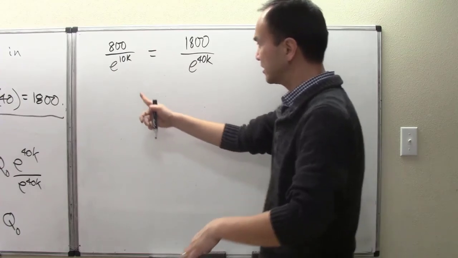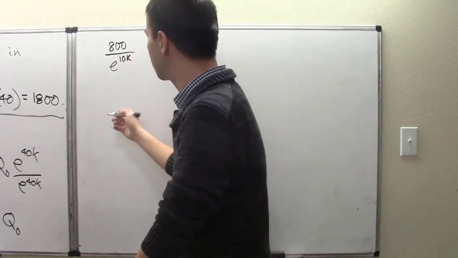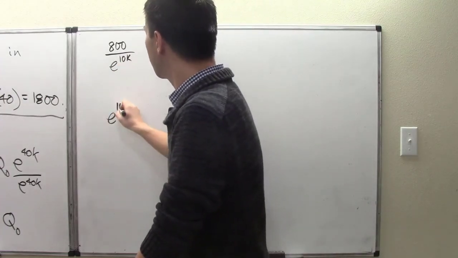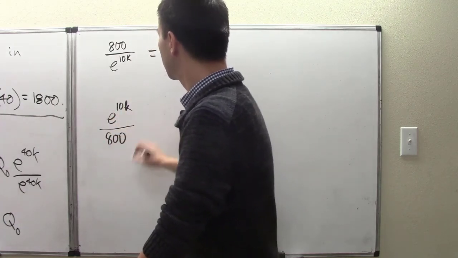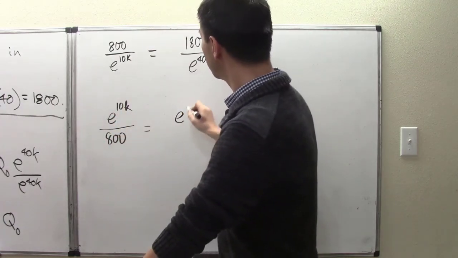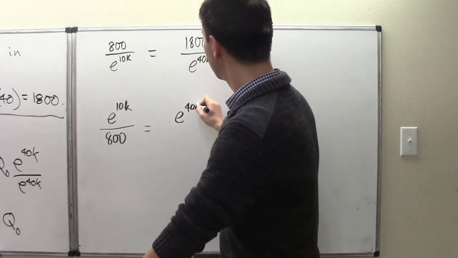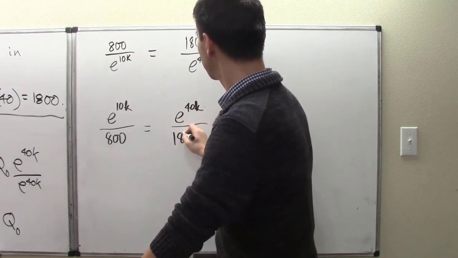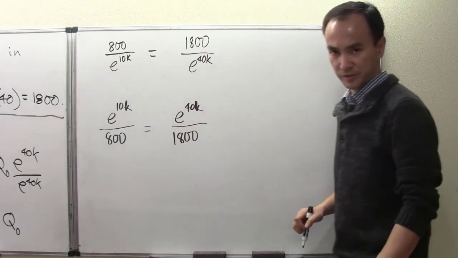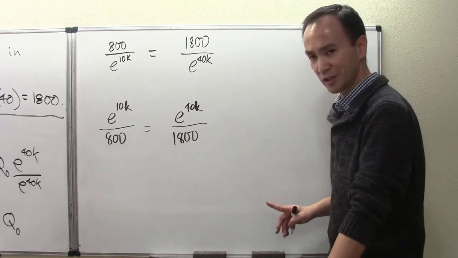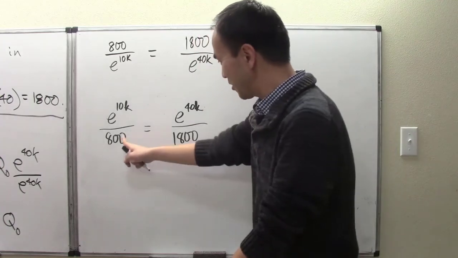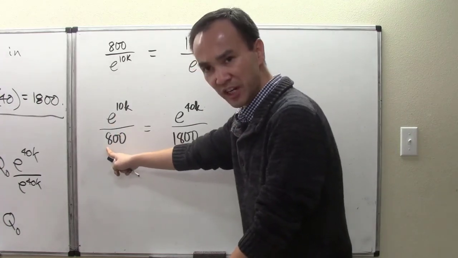So on the left-hand side, I'm looking at e to the 10k over 800 equals e to the 40k over 1,800. Okay, and we keep getting closer and closer. So now I want everyone to see that I can multiply both sides by that 800.